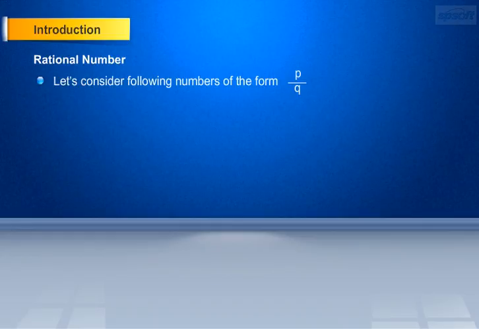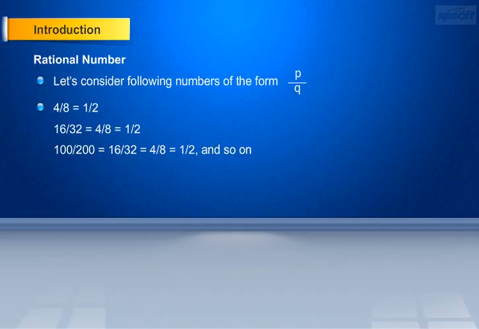Now, let's consider following numbers of the form p by q. 4 by 8 can be written in the form of 1 by 2, so 4 by 8 is equal to 1 by 2. 16 by 32 can be written as 4 by 8, which can be written as 1 by 2. Similarly, 100 by 200 is equivalent to 16 by 32, is equivalent to 4 by 8, is equivalent to 1 by 2, and so on.